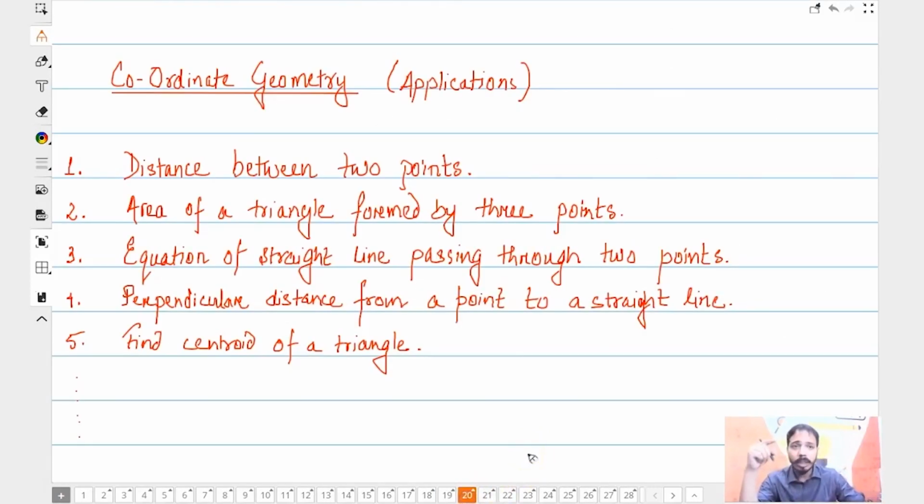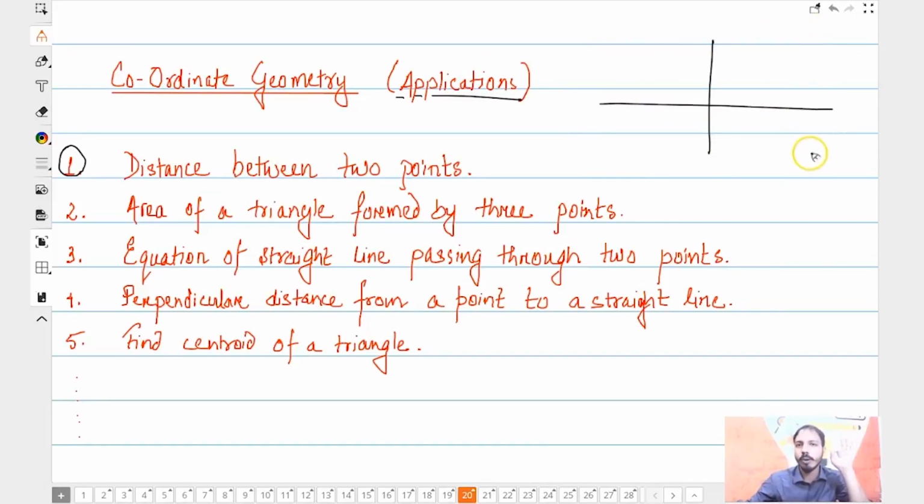Now, with the help of coordinate geometry also, you can solve different types of problems. So here, in the course that I will be taking, I will be discussing different types of applications. For example, say you have 2 points. First of all, you need to learn what is this coordinate axis, what is the x-axis, what is the y-axis, how many quadrants are there.